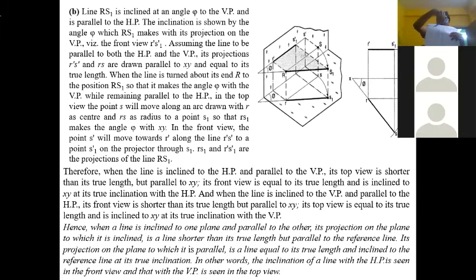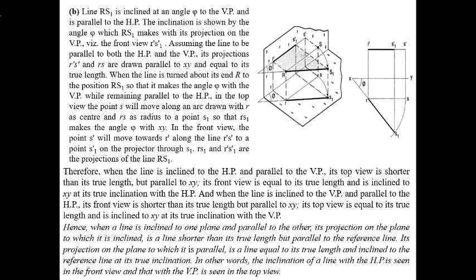From this we draw the top view and then get the front view, and the point position must be given. Here the distance of point R from the HP is given, and accordingly you draw it. First we draw RS1, then from this we get R dash and S1 dash, and the angle phi is given.